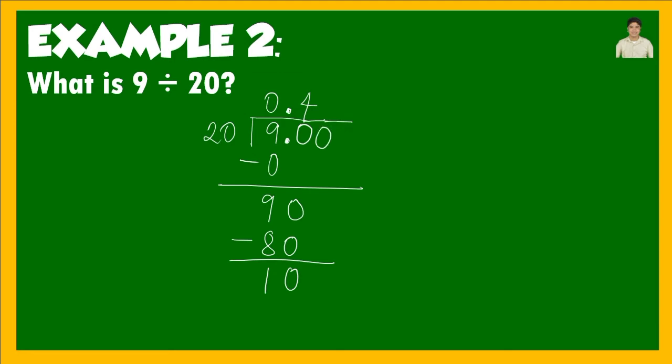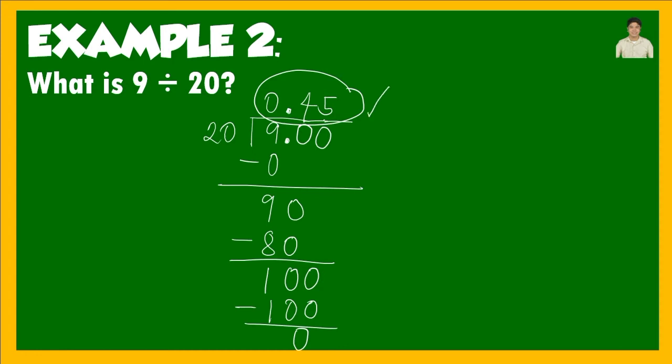And then yung in-add nating 0, bring down natin. So magiging 100 na siya. 100 divided by 20, that is 5. 5 times 20, that is 100. And then we subtract, our remainder is 0. So yung nakuha po nating sagot is 0.45 or 45 hundredths.